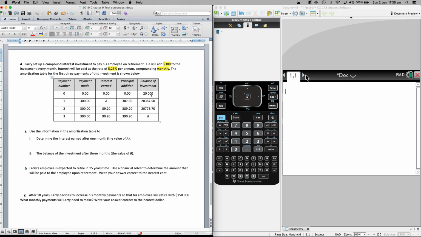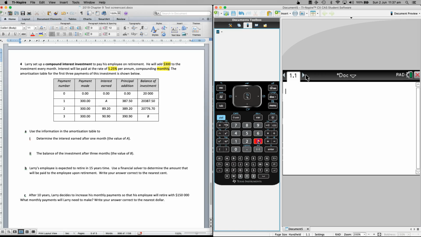The other way that we can get this value is by understanding the amortization table, and by understanding that if $387.50 has been added at the end of that payment, 300 of that came from Larry, and we can actually take away 300 from 387.50, and that will also give us the interest earned. So let's look at this 2 ways, just to prove to yourself how it can be done.